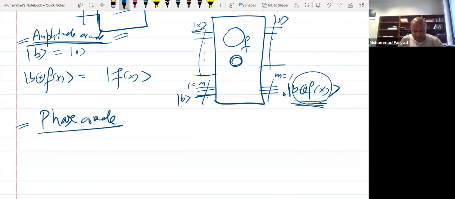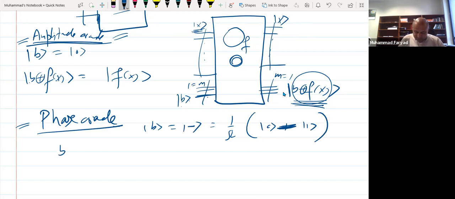Because this phase oracle works if we set this b to this minus state, which is nothing but 1 over square root 2, (0 minus 1). And this b plus f of x, where f of x is a single bit, either 0 or 1, will be equal to minus if f is 0.